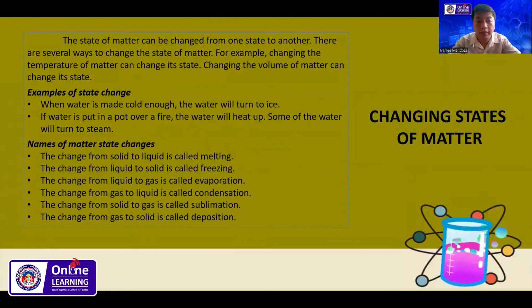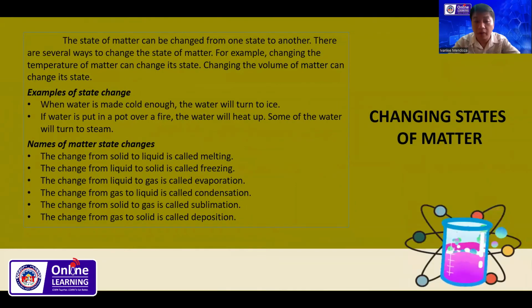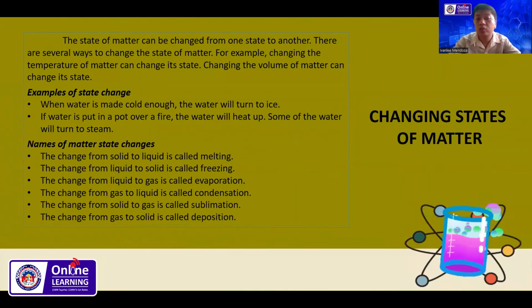Now, we have also some examples of state change. When water is made cold enough, the water will turn to ice. Then if water is put into a pot over a fire, the water will heat up. Some of the water will turn to steam. So those are the state change examples.